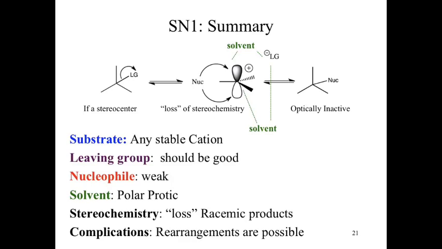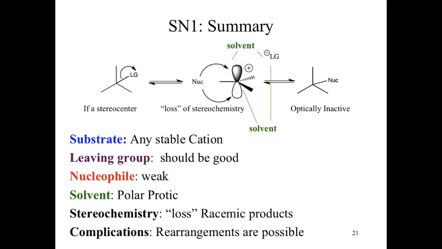Some other things come out of your SN1 reactions. Stereochemistry: you get a loss of stereochemistry, quote unquote. You still have stereochemistry in the product, you just have both types of stereochemistry. So you convert to an optically inactive product. So you have racemic products for the most part.